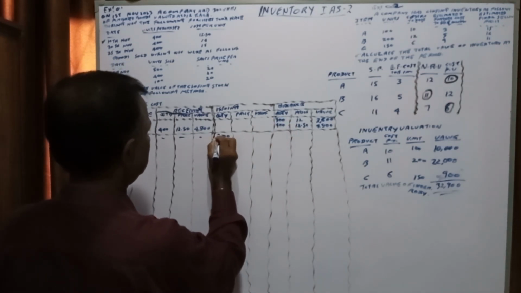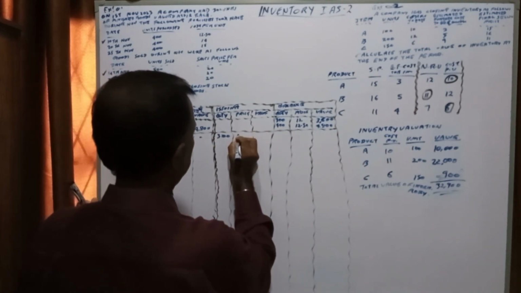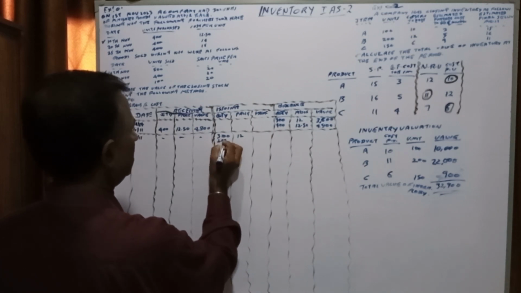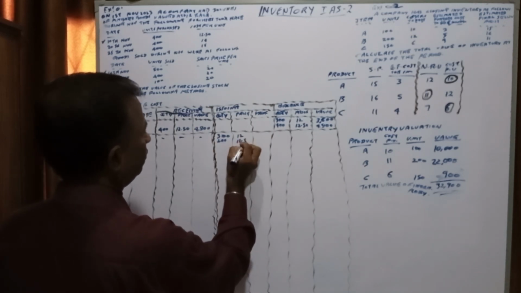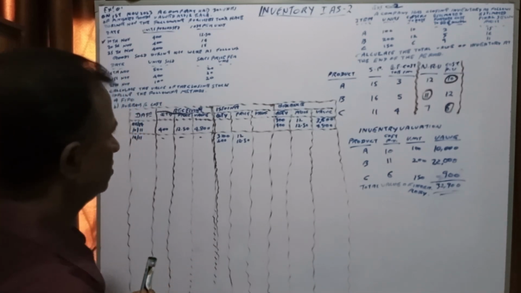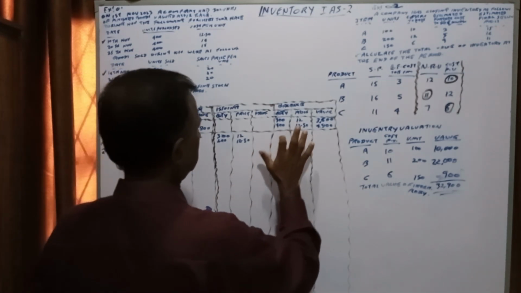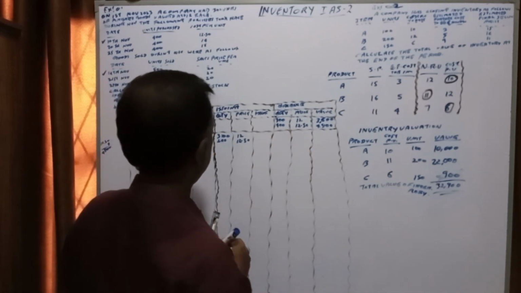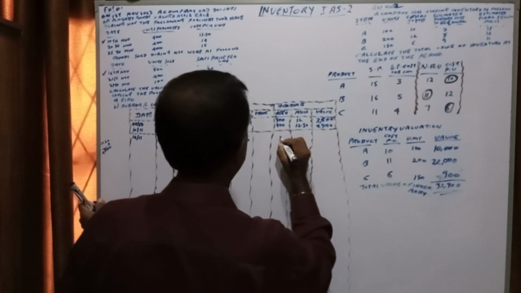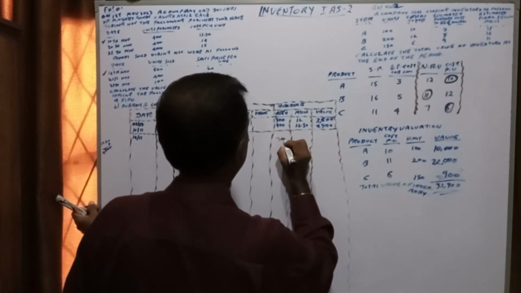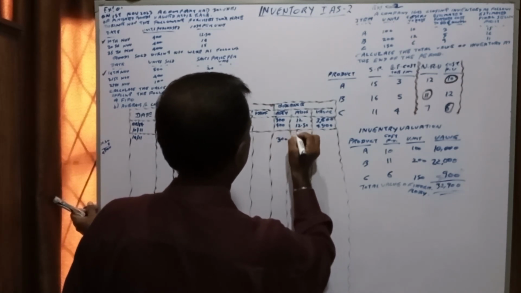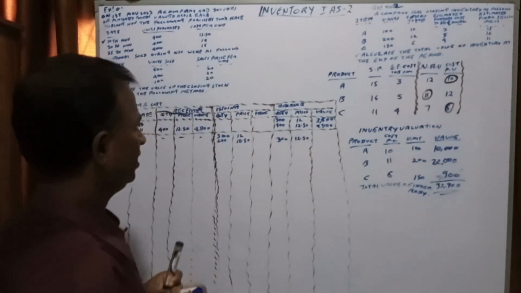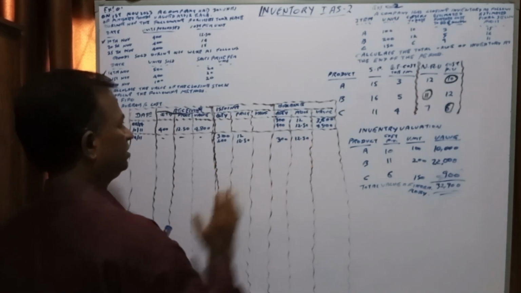First 300 at the rate of 12, second 200 at the rate of 12.50. So now the balance is 300 quantity at the price of 12.50. Then and there you have to make the entries.